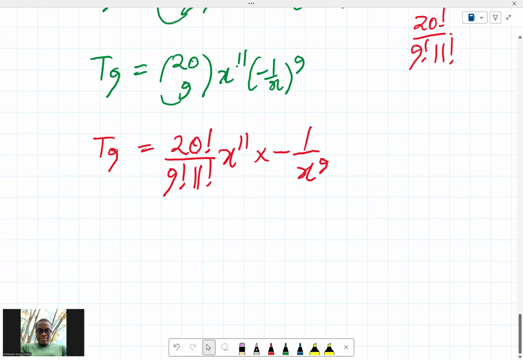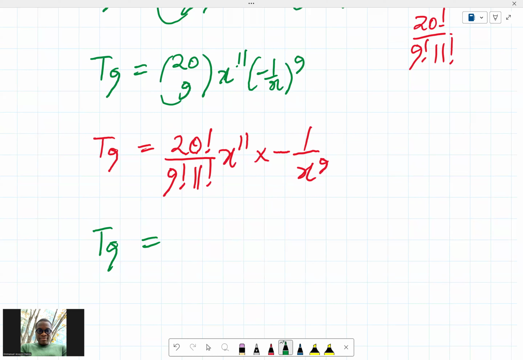So then you have that T9 is equal to, let me see if I can quickly get 20 combination 9. What does that give me?